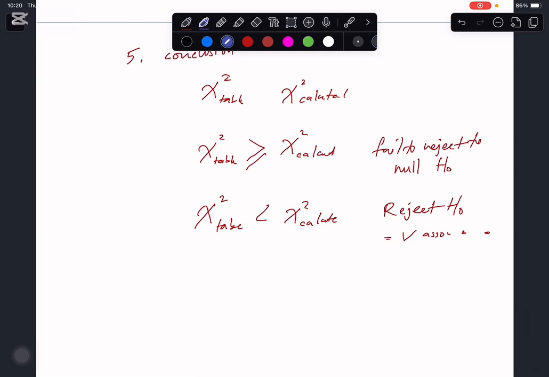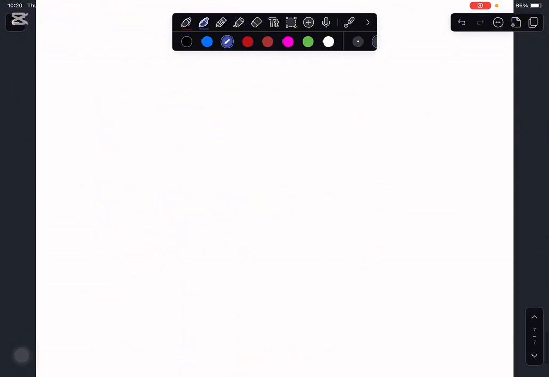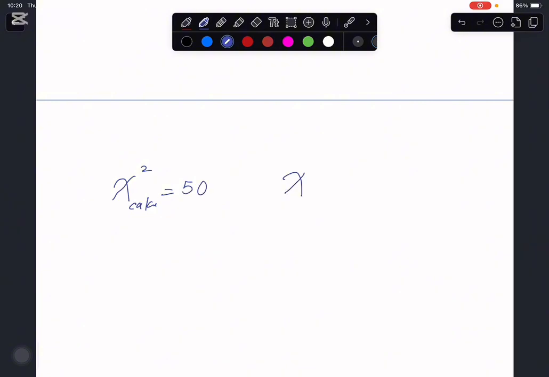If it's the opposite, if it's smaller, we fail to reject the null hypothesis. So what were the values? The calculated chi-square came out to 50, and the chi-squared from the table is 3.841. Now which one is bigger? The calculated.